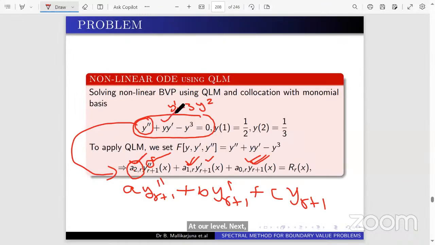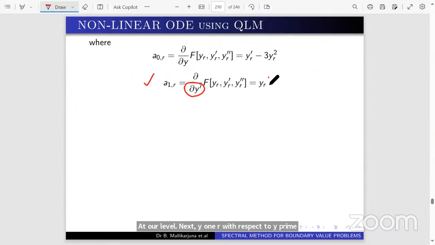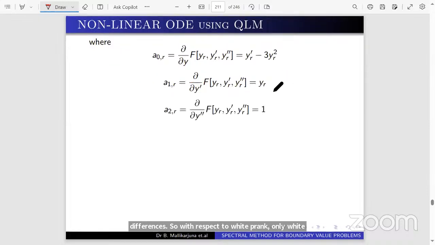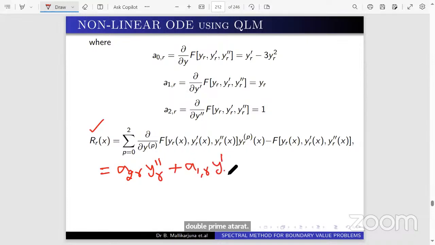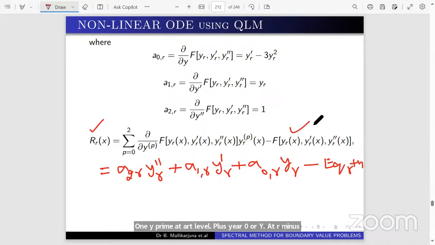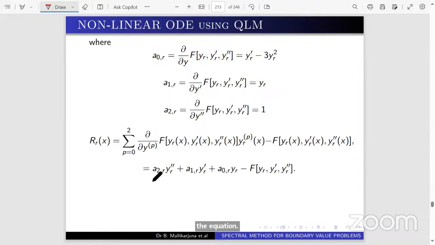With respect to y prime, only y at the rth level. Similarly, a2r with respect to the second order. Now this is nothing but the same. What is this? a2r y double prime at the rth level, a1r y prime at the rth level, plus a0r y at r, minus the equation at the rth level. This is F. So it is complete.